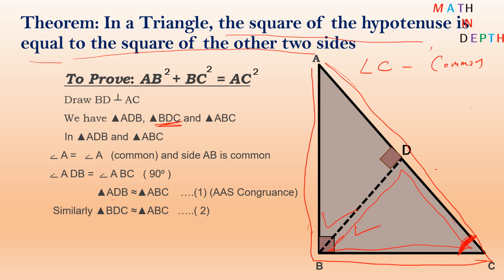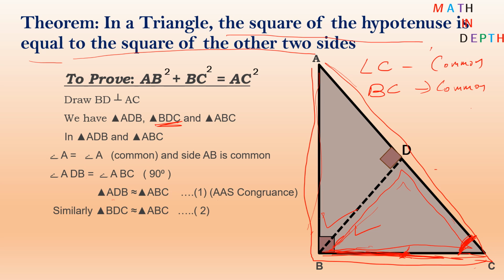And this is the baseline. BC is the baseline of this triangle BDC, and BC is also the baseline of this triangle ABC. So this line is also common in both the triangles. So we can write here that BC is also common.